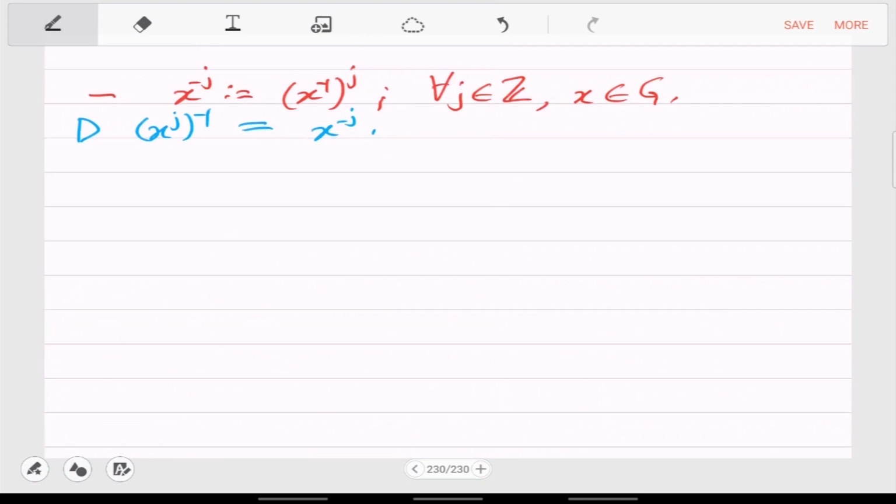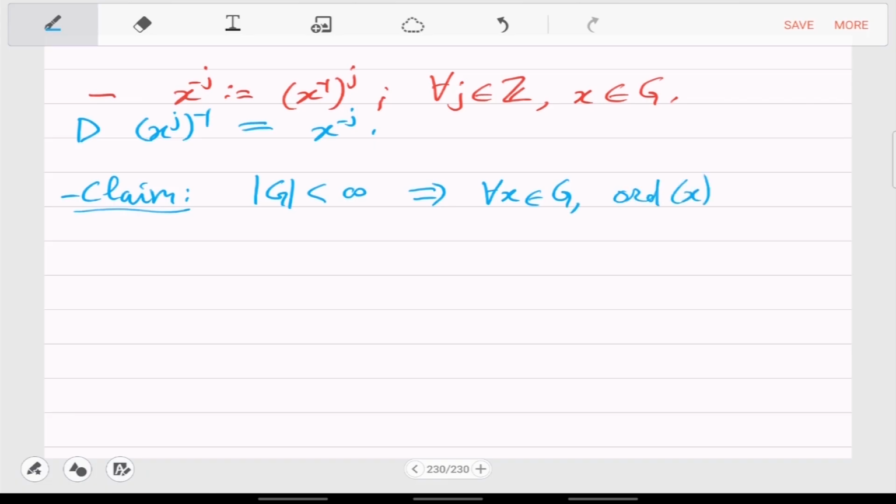Yeah, so let's show that. If G, the size of the set G, is finite, G is a finite group, then for all x, order of x exists.